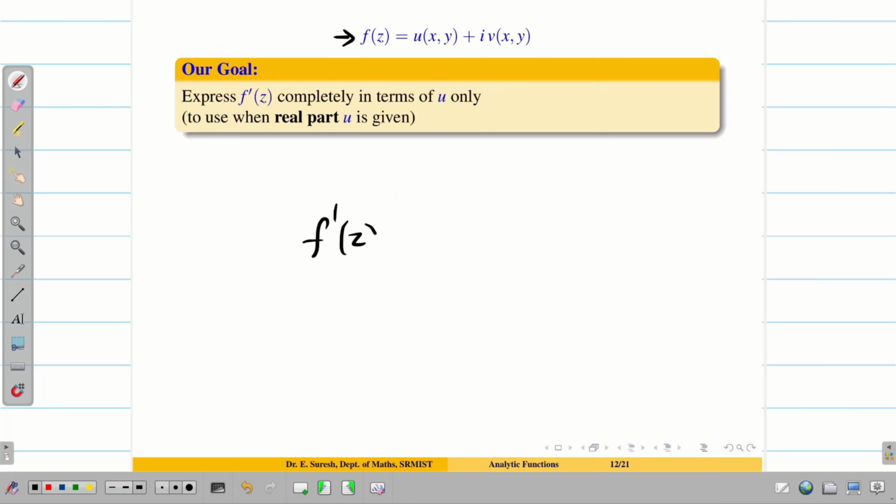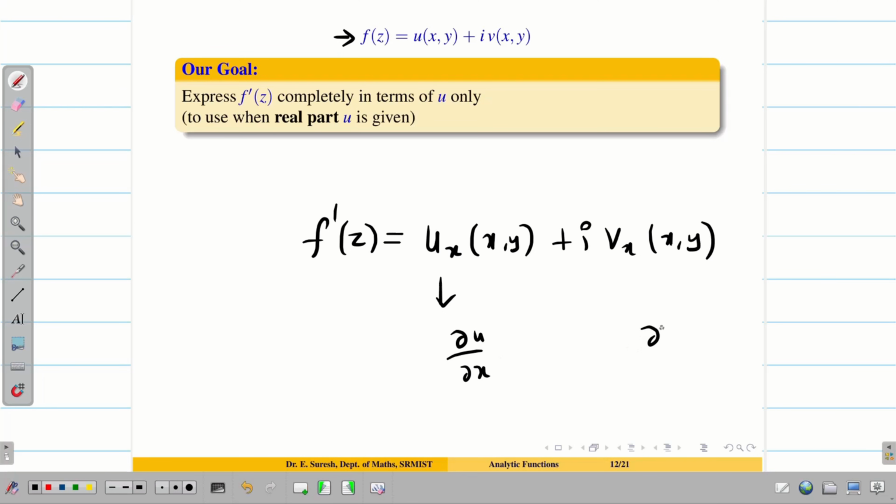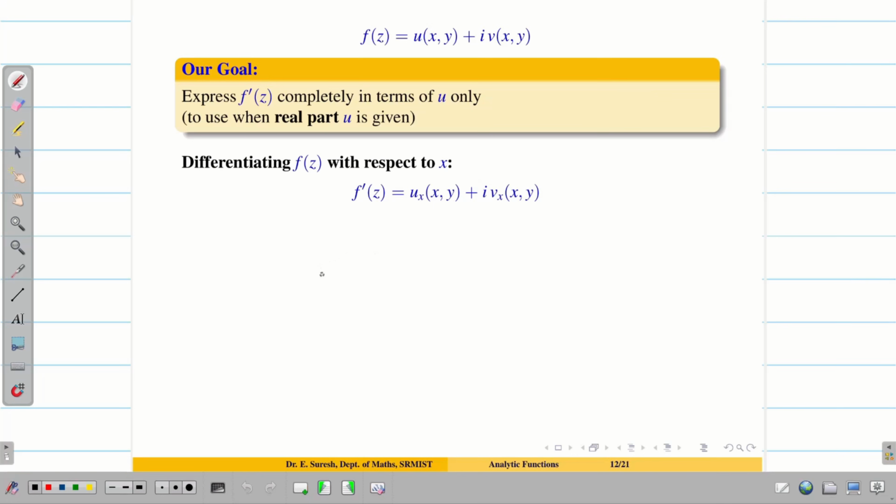So we get f dash of z is equal to ux of x comma y plus i into vx of x comma y. Since u and v are functions of x and y, we have to differentiate partially with respect to x. Since f of z is analytic, it satisfies the CR equations. I want to change this equation in terms of u.